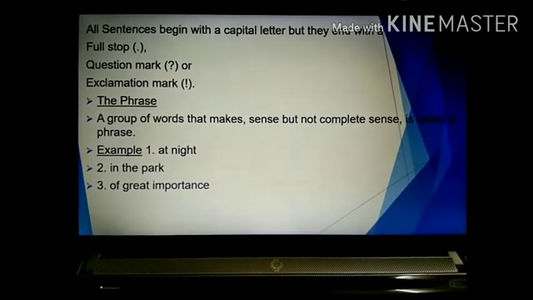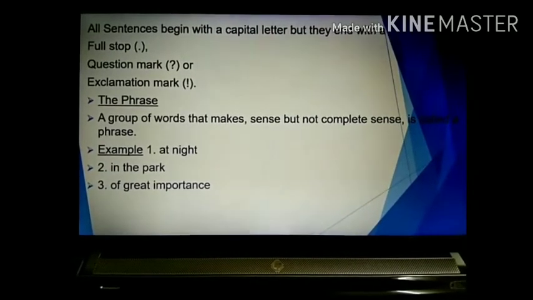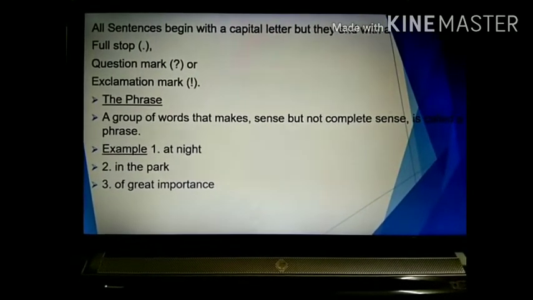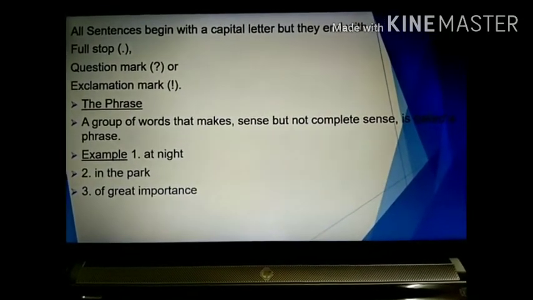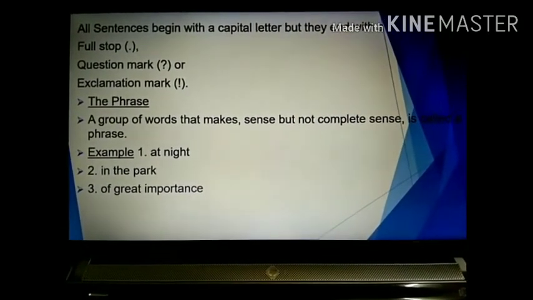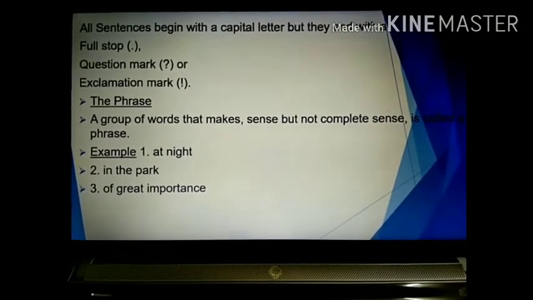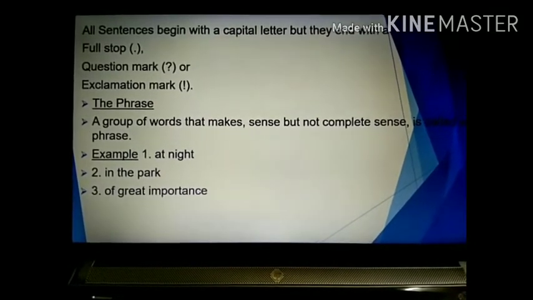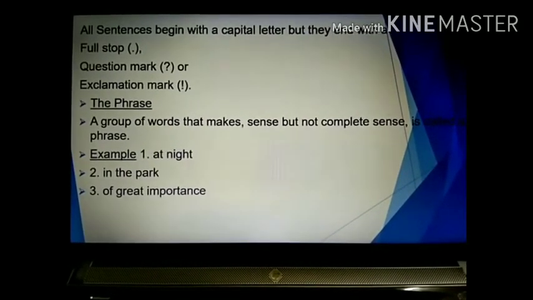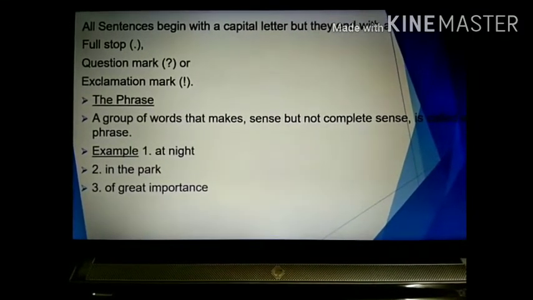Now most of the students are puzzled between the terms phrase and sentence. So my dear students, a group of words that make sense but not complete sense is called a phrase. That means if there is a group of words, it is making sense but we are not clear what the group of words actually wants to say, so we consider them as a phrase.